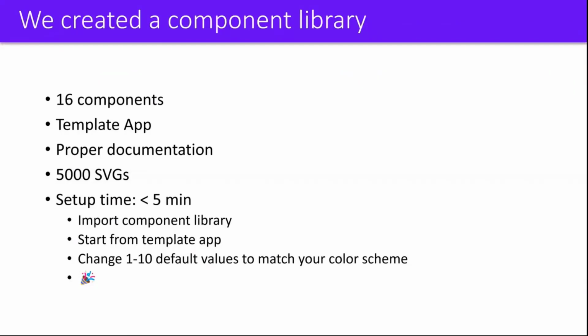So you import the component library, you start from the template app. So you need to change 1 to 10 values depending on how much you want to customize that, but at least change 1 color value so that you can match your color scheme, and then you're just like really ready to go. And if you're now just like excited and want to see that in action, this is your turn, Robin.